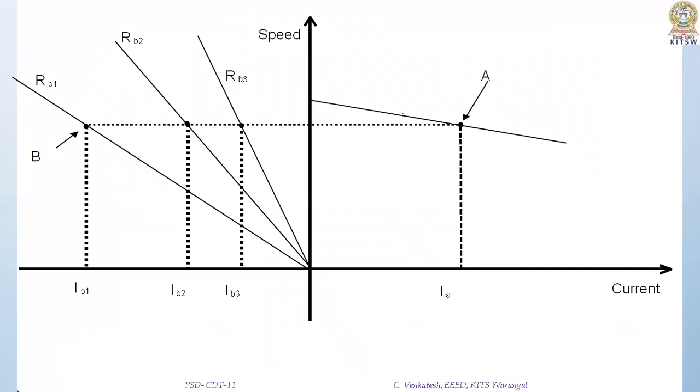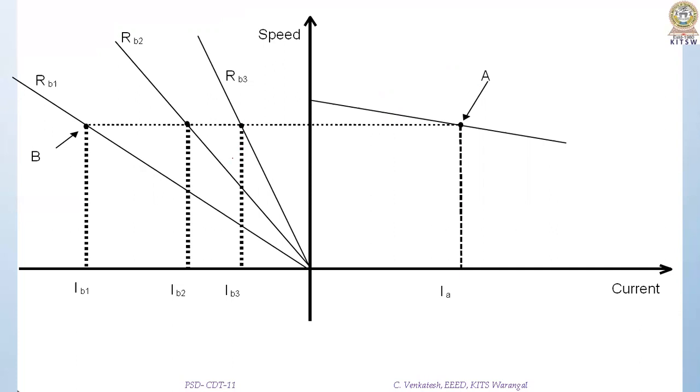So this is what I was explaining previously. During motoring operation, the speed torque characteristics is like this. If I suddenly go with dynamic braking, the external resistance is included, and I can vary the resistance to any value and make the motor come to zero speed in the required amount of time. Depending on the resistance, it takes some time, and in between I can also vary the resistors.